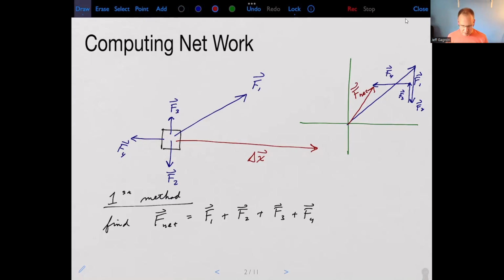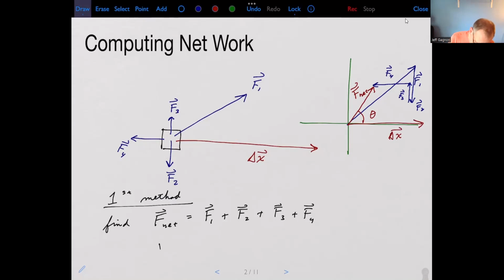It's tip to tail. So if I know that net force, and I know the angle that net force makes with the horizontal, or sorry, with the displacement. Remember, the displacement is just off to the right in this case. So in this case, it is just the horizontal. Then I can use my usual definition for work, right?